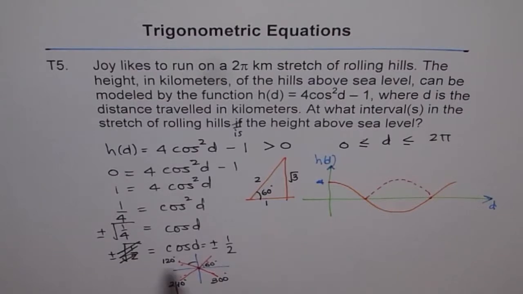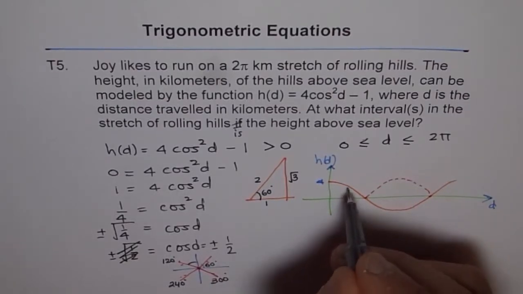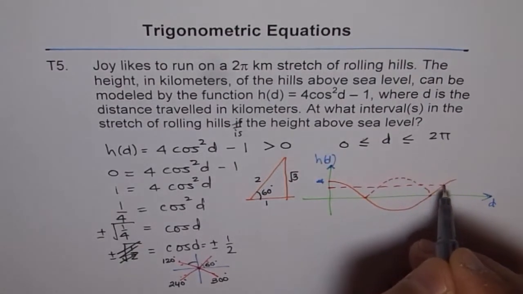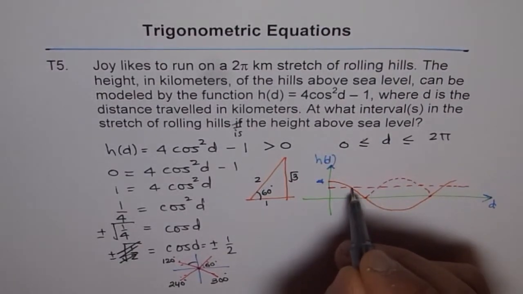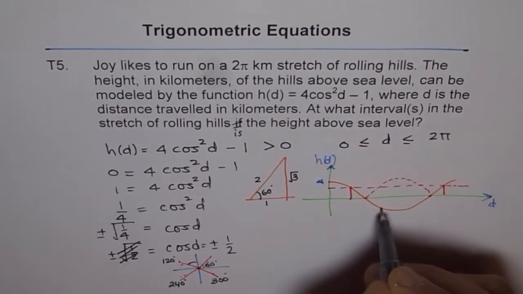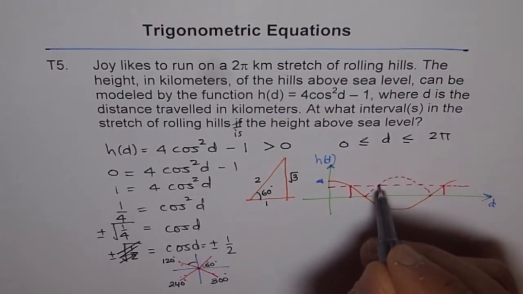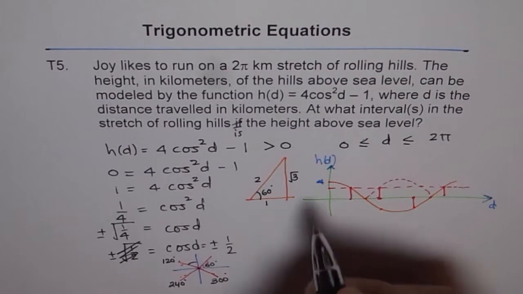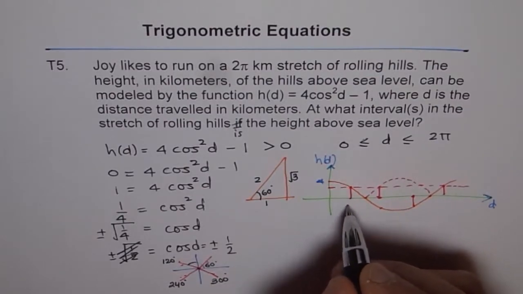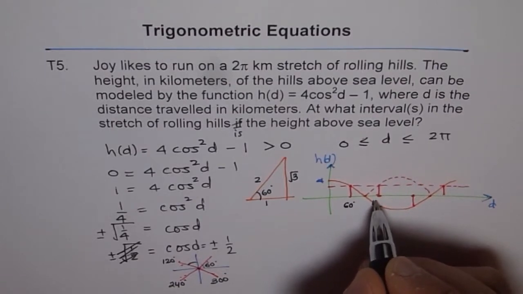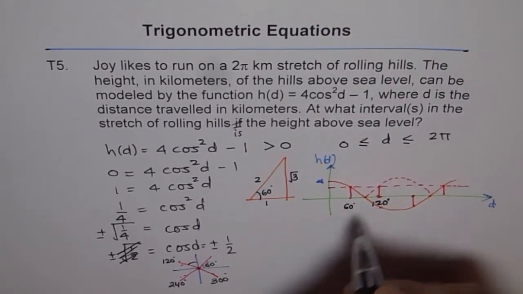Now, for plus and minus half, let's draw this line. Earlier we got these points, and the minus ones were these, which flipped and came to this place, right? So that reflects to this point, kind of. You can think like this also, right? So these are our points. This is in the first quadrant, 60 degrees. That is in the second quadrant, 120 degrees.